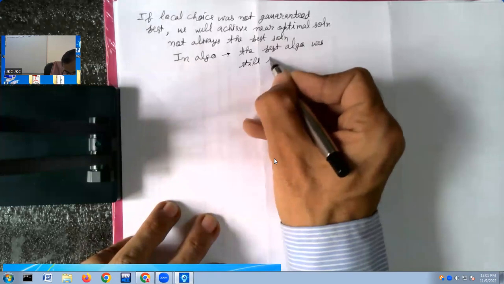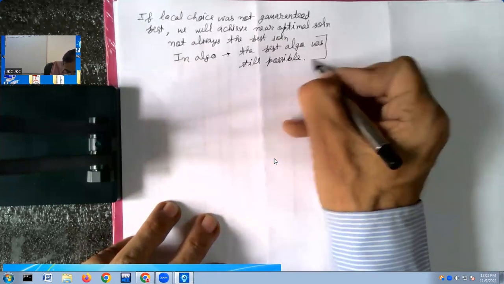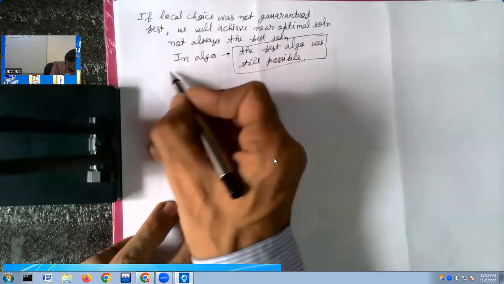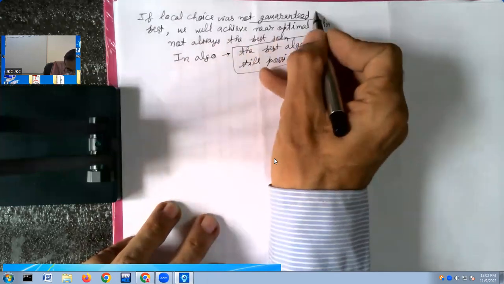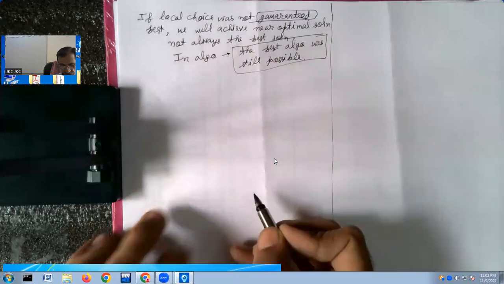Hence, you have to decide in every algorithm that if you go for a greedy choice, you should go for it only if you are guaranteeing it. If you are not guaranteeing, then maybe you have to think of a better solution.